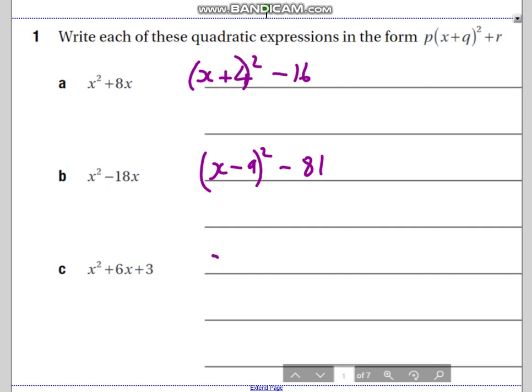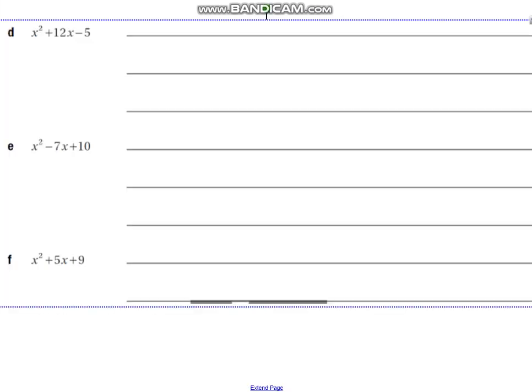This one is going to be x plus 3 all squared, and then you're going to take off 9 and then add 3, and so that's x plus 3 all squared minus 6. Okay, for this one you're going to have x plus 6 all squared minus 36 minus 5, and so that's x plus 6 all squared minus 41.